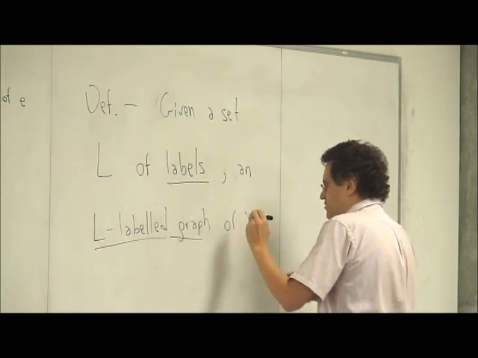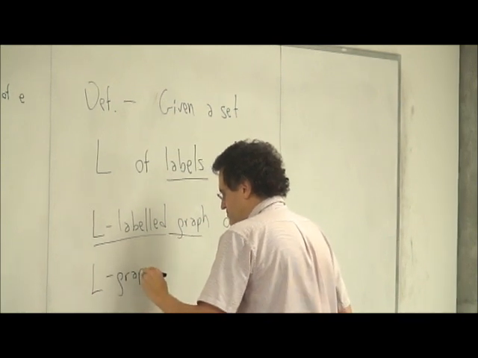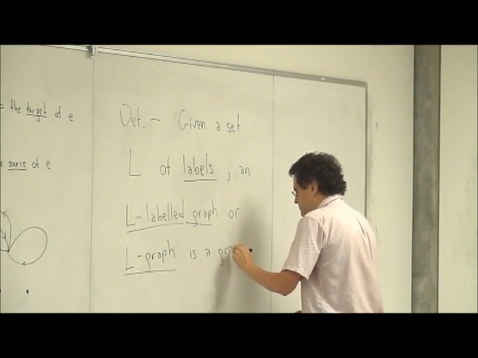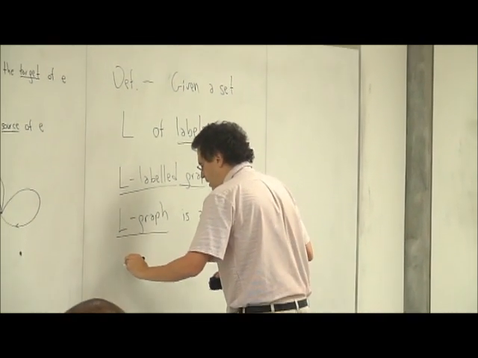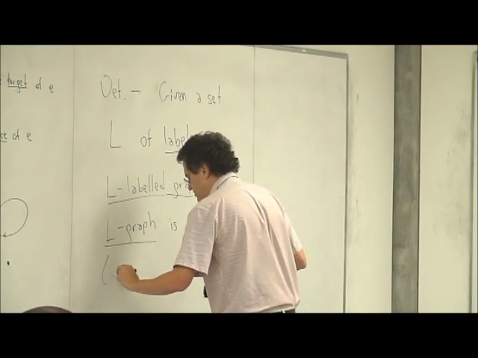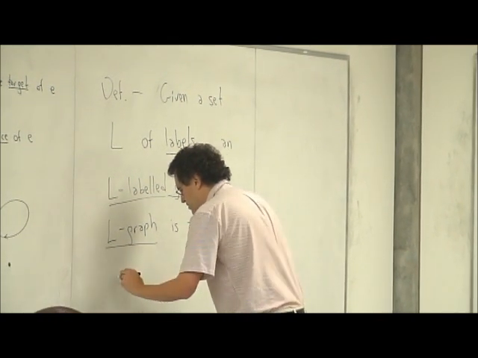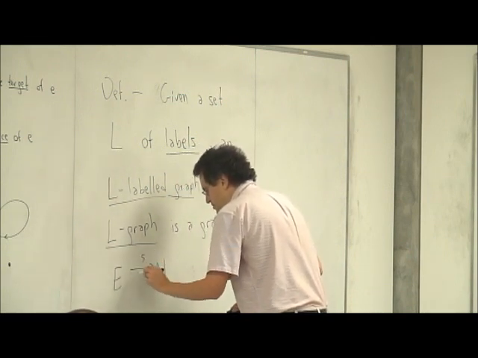And I'm going to get sick of writing that, so I'll just say L graph sometimes. It is a graph, so a graph is this set of edges, set of nodes, and these two functions.